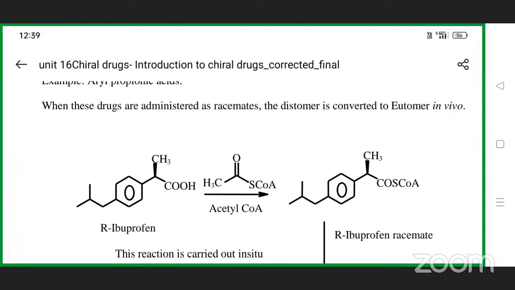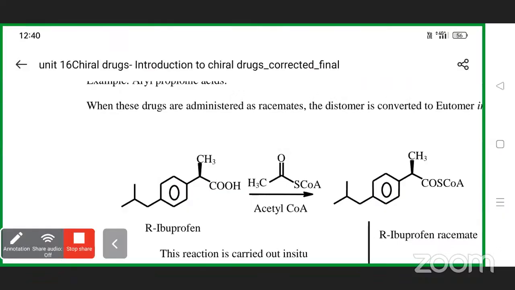When it is treated with acetyl coenzyme A, we get R-ibuprofen coenzyme A, then in the presence of the racemase, followed by hydrolysis, it is converting into S-ibuprofen. So the inactive becomes active, right?